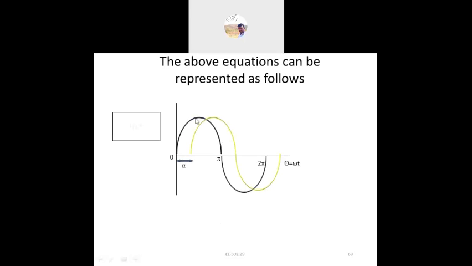This is one phase, this is the other phase. The angle which is different is the phase difference, indicated by φ. Here Va is the reference, and here is Vb. You can observe this is the angle. This displacement is called the phase difference.